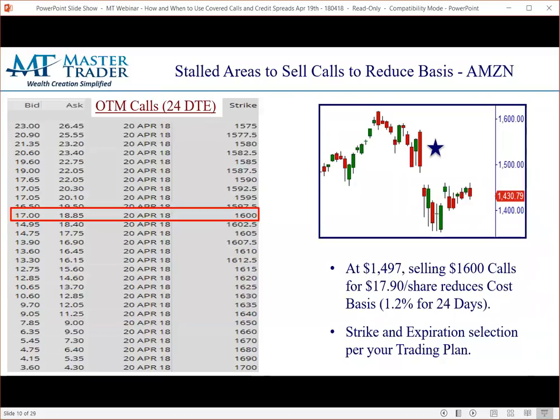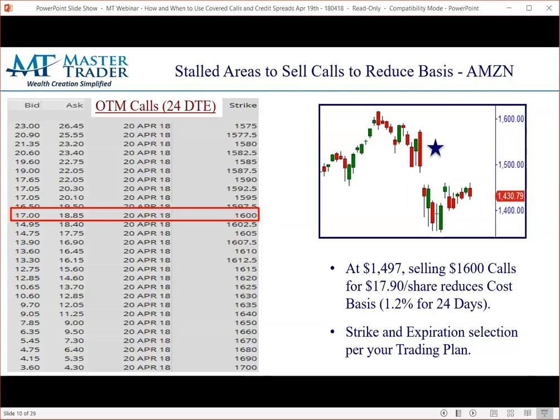Sometimes I deliberately talk slow because I want it to sink in. I'm typically a fast talker because I get excited, so I have to force myself to slow down. So you're agreeing to sell it for $103 higher, and I still make an additional 1.2% for 24 days.